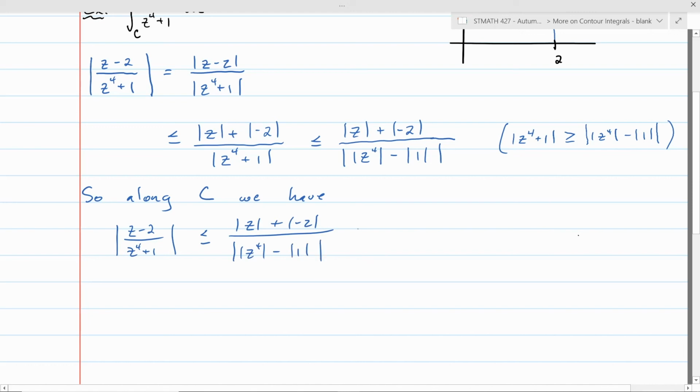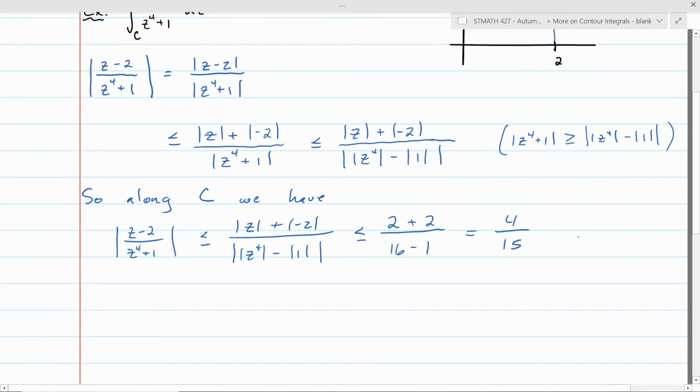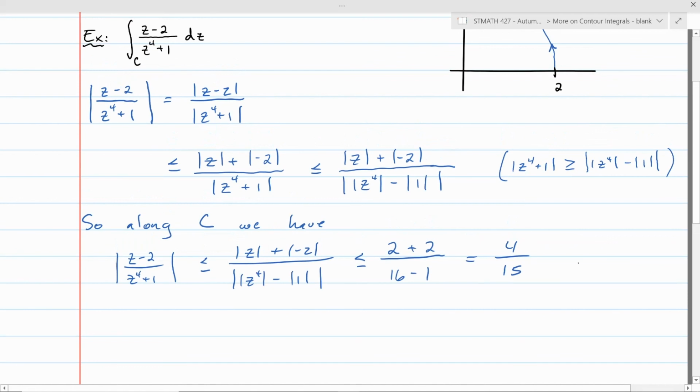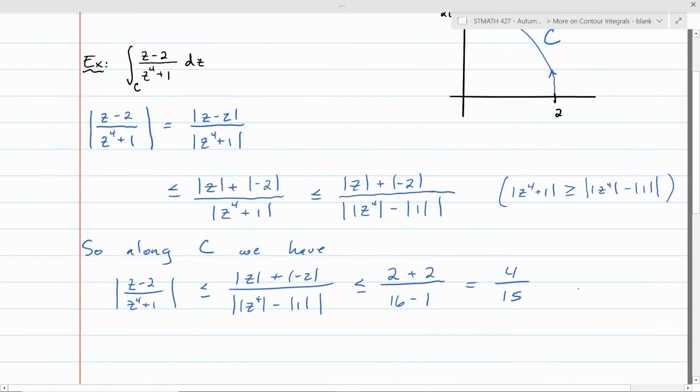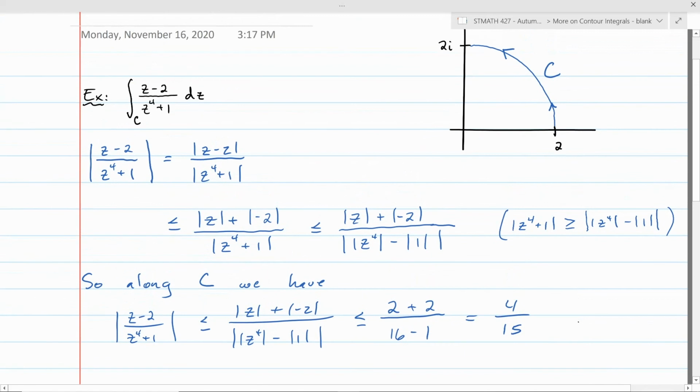So this works out to (2 plus 2) over the absolute value of (2 to the fourth, that'd be 16, minus 1). So you end up with 4 over 15. So we know that the function we're integrating in modulus is less than or equal to 4 over 15 along that curve, okay? Because this was a quarter circle, and the points all along that have modulus 2.